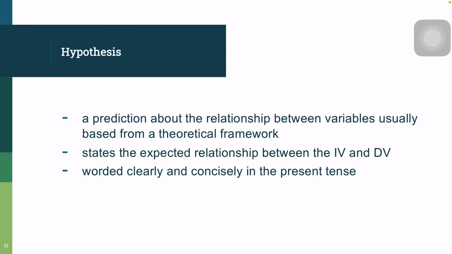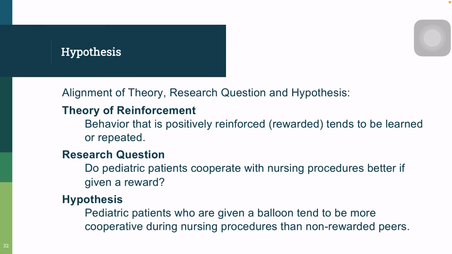For your hypothesis, there should be cohesiveness and alignment of the theory, the research question, and the hypothesis. The validity of a theory is evaluated through hypothesis testing. For example, in our slide, we have the theory of reinforcement: behavior that is positively reinforced or rewarded tends to be learned or repeated.